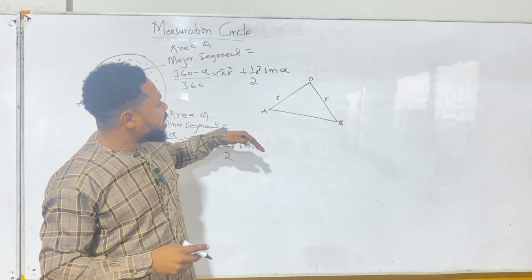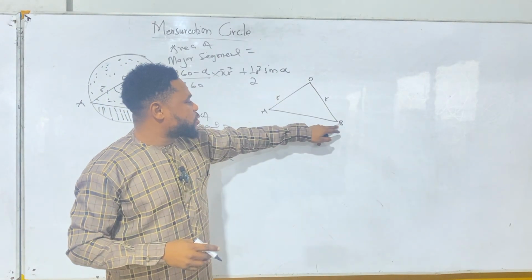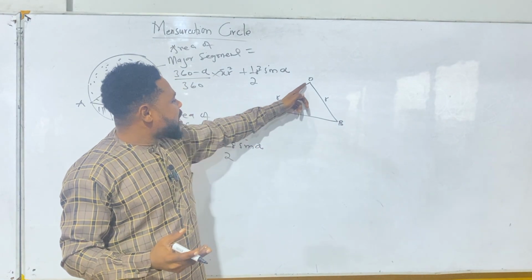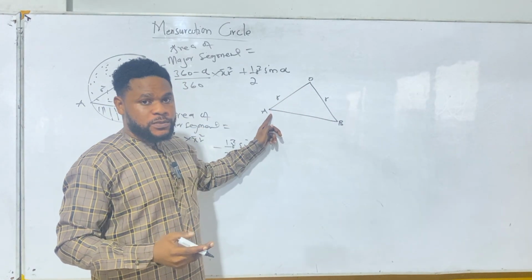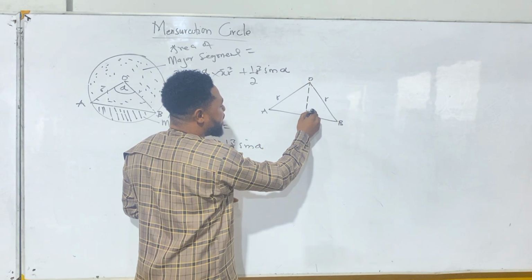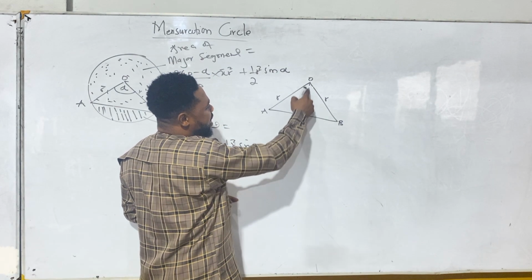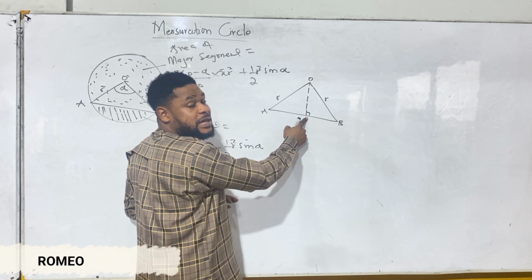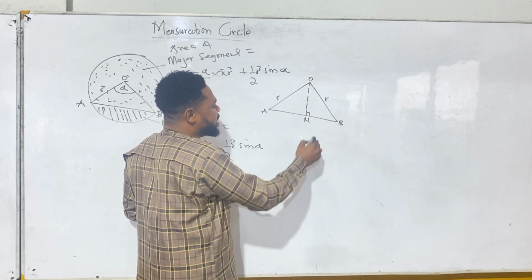Therefore, for us to find the length of this chord, the simple approach is that we divide our chord into two. So we trace our height as we can see. And anytime we trace the height, it is perpendicular to this horizontal. So the angle here is 90 degrees. I can put N here.